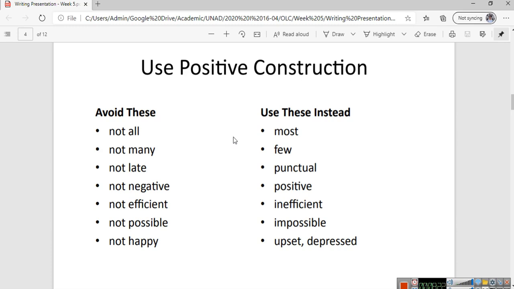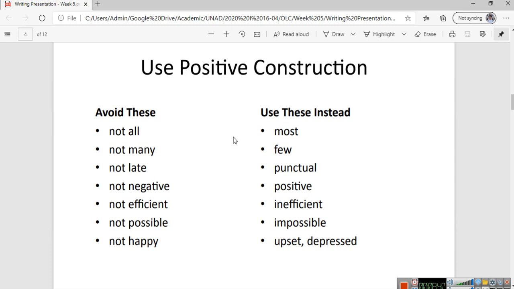Now, Viviana, what is the difference you find between avoid this and use this instead? In this case, the exercise uses a positive word in contrast with the negative word.